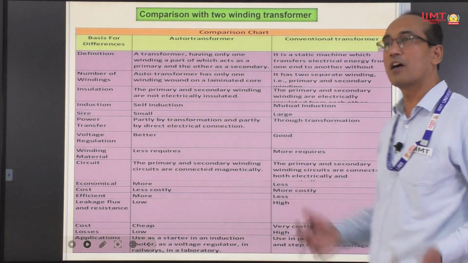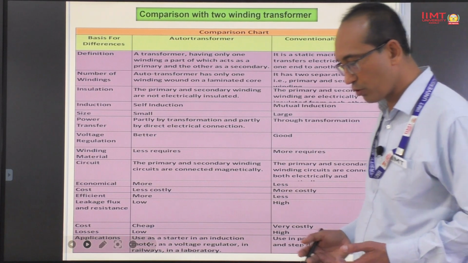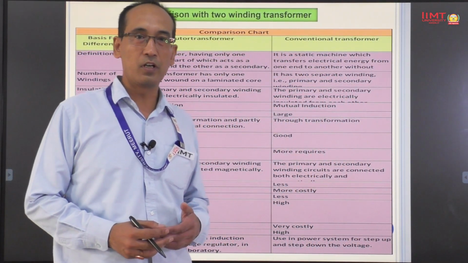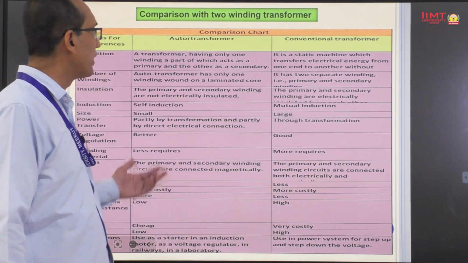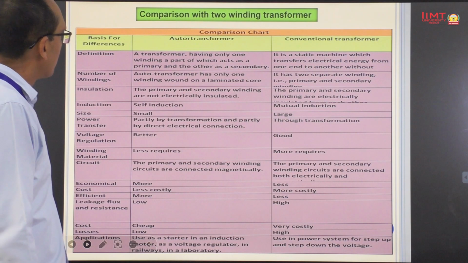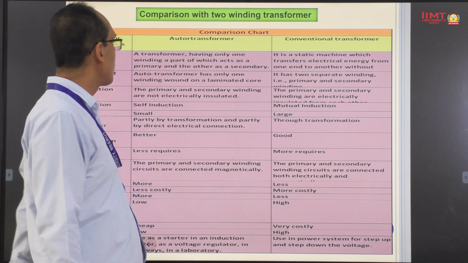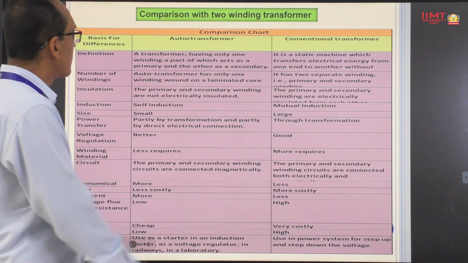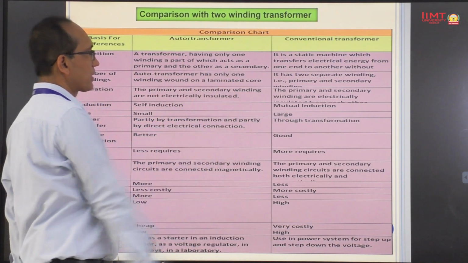Finally, we can compare single phase auto transformer to the two winding transformer. So we will discuss one by one here. First of all, definition. By definition we can say an auto transformer has only one winding, a part of which acts as primary and the other acts as secondary.